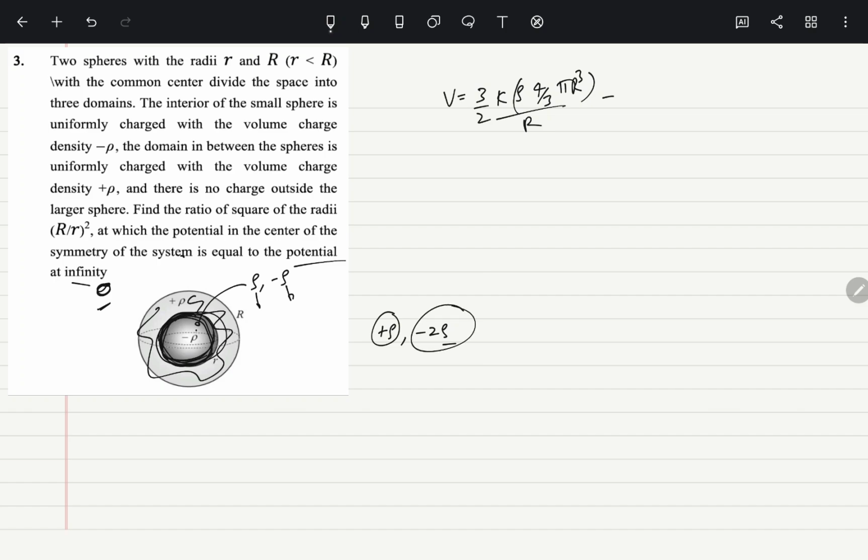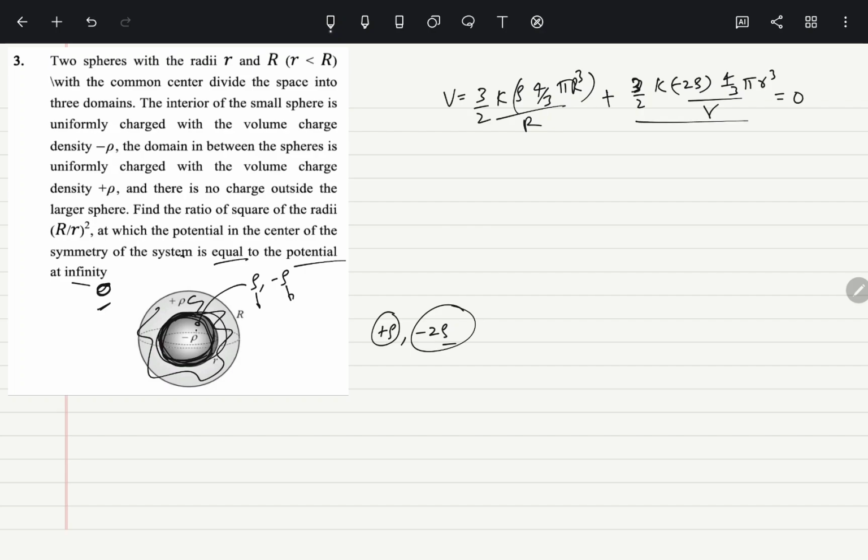The potential due to the sphere at the center, the formula is the same, 3 by 2 k, in place of rho I'll write minus 2 rho, 4 by 3 pi small r cube by r. So that could be my approach, just to solve this question quickly. And this should be equal to the potential at infinity, which is 0. Sorry, the plus sign will come, with this minus 2 rho. So net potential is 0, right?